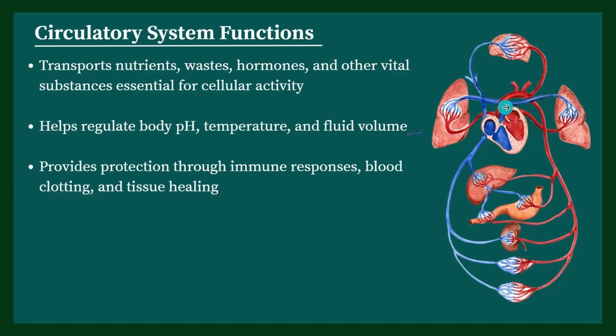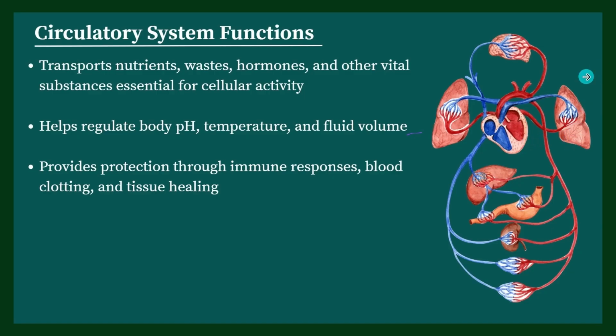Besides the nervous system, which is like the light rail, the circulatory system is like taking the boat. So it helps regulate body acidity, pH, temperature, and fluid volume. It provides protection through the immune responses and blood clotting and tissue healing.